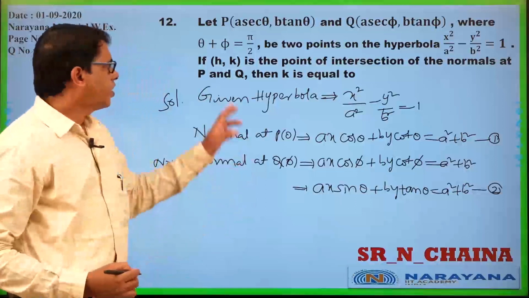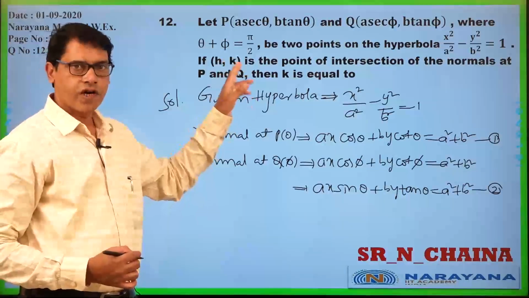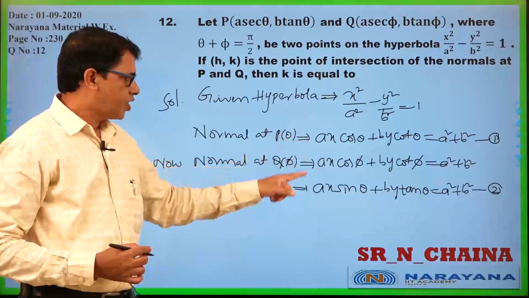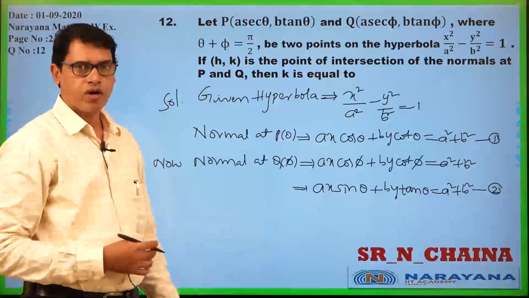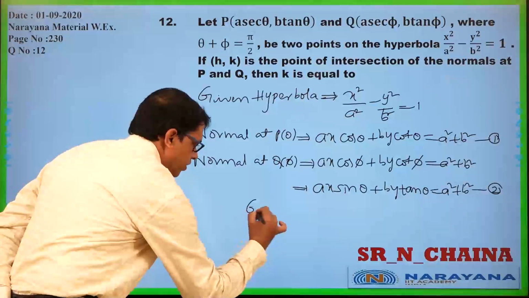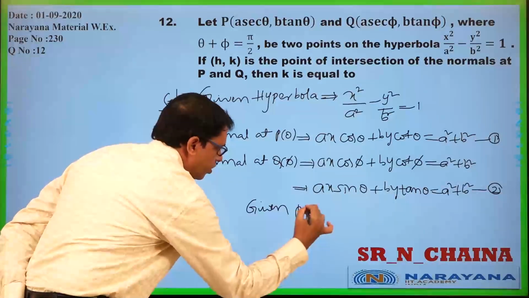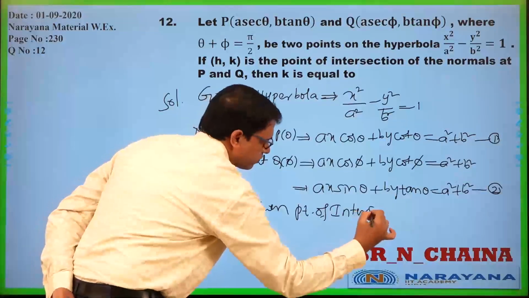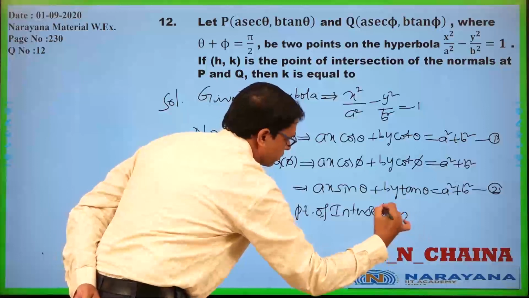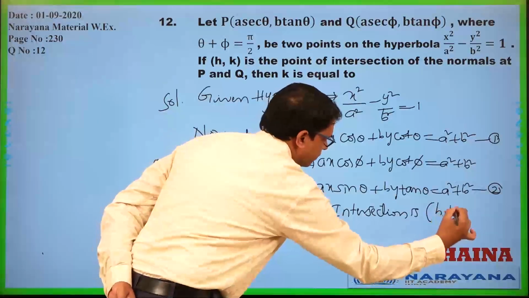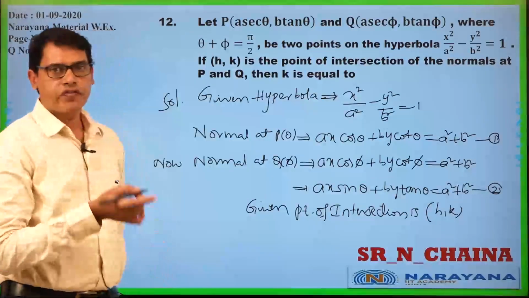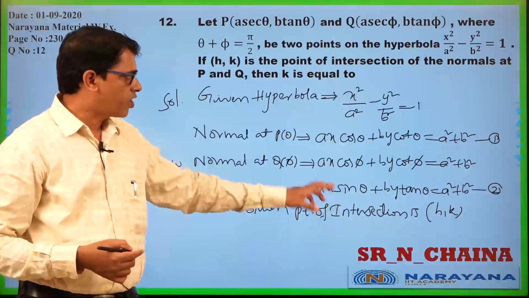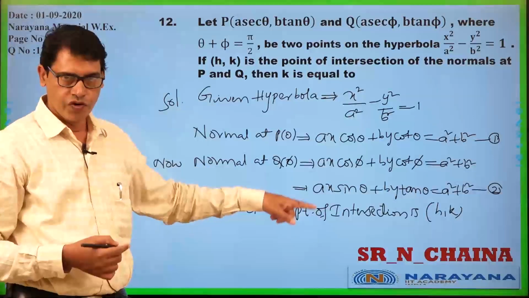Now what is given? The point of intersection of 1 and 2 is given as h comma k. Obviously, these two equations have to pass through h comma k. So both the equations have to pass through h comma k, means substitute h comma k in equation 1 and equation 2.